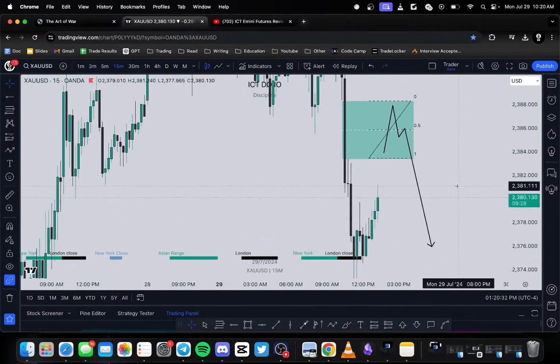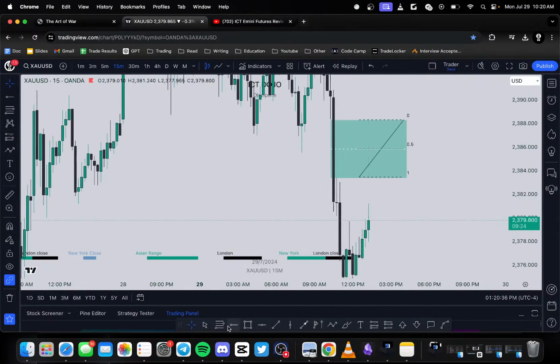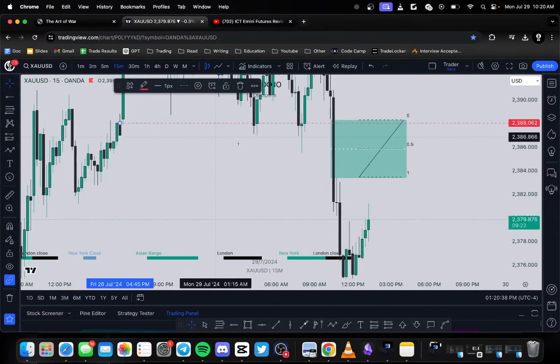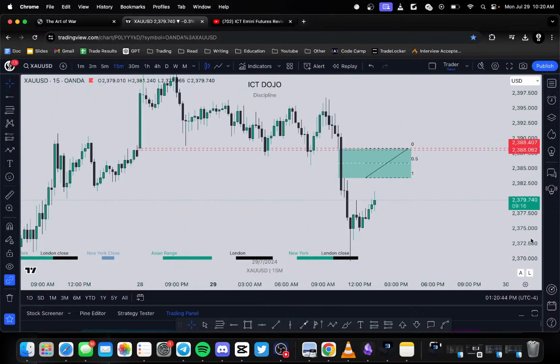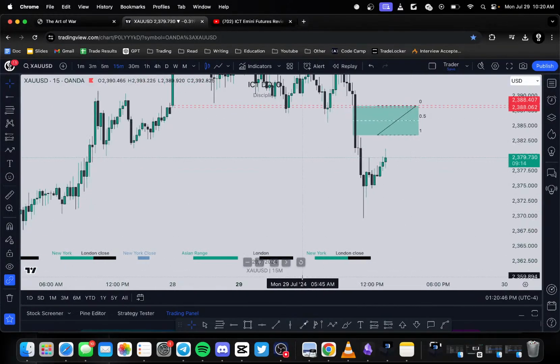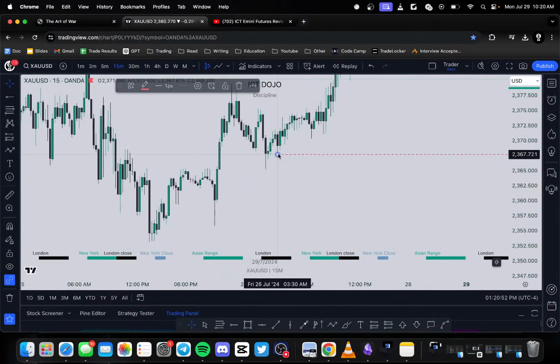So it might run up into this fair value gap, and if it does, I think the prime entry would be from here. Remember, if we are waiting for it to run into the weekly fair value gap down below, just targeting all these lows, all this liquidity down here. Where is it? Yeah, below this low.